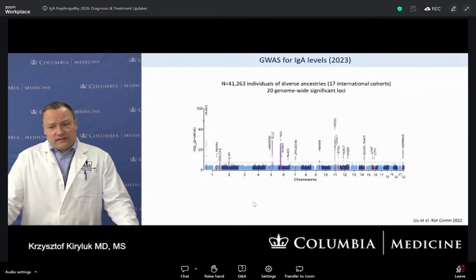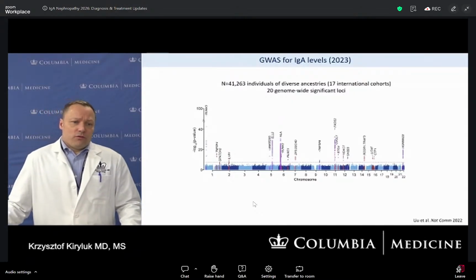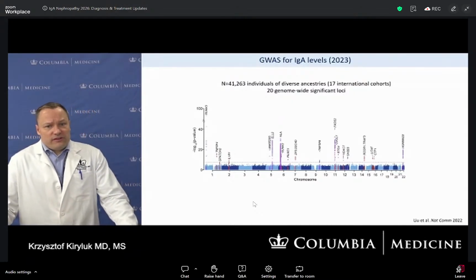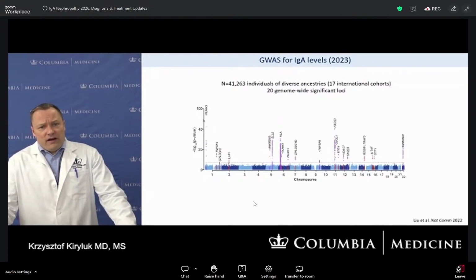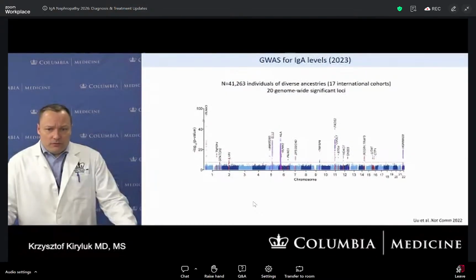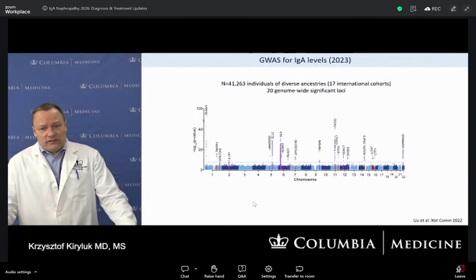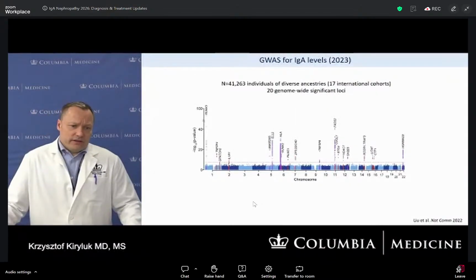Again, this is a study that we published back in 2022 that involved 41,000 individuals of diverse ancestries, again, across multiple international cohorts with IgA level measurements. And in this study, we are using IgA levels as a phenotype. So this is not a study that examines IgA nephropathy. These are healthy, population-recruited individuals.